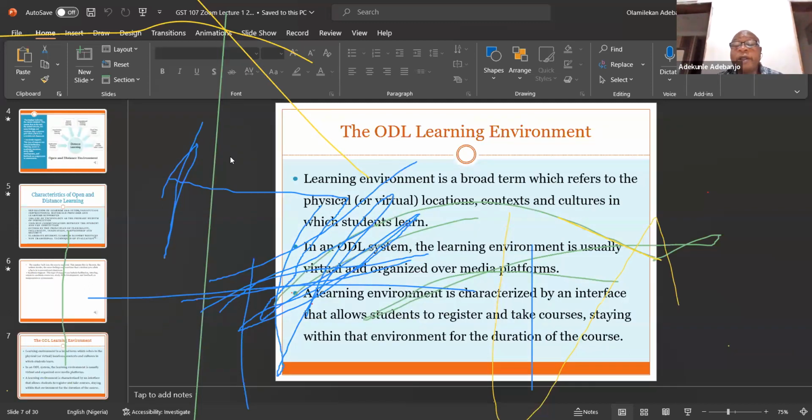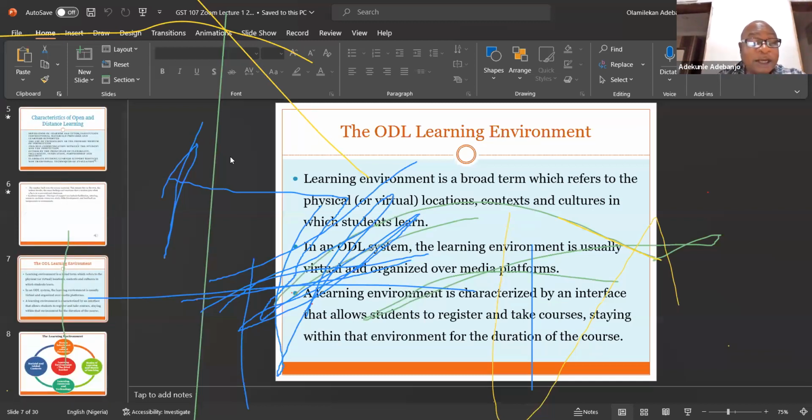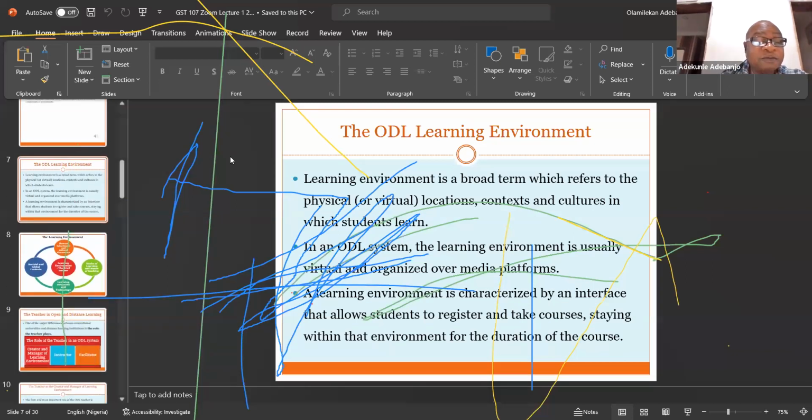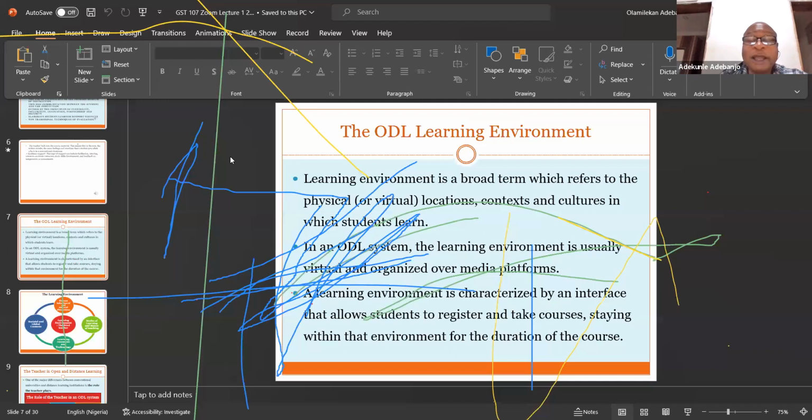So, well, let's look at the learning environment before we get to the history. The learning environment is a broad term which refers to the physical and virtual location, context and cultures within which students learn. In the ODL system, the learning environment is usually virtual and organized over a media platform.